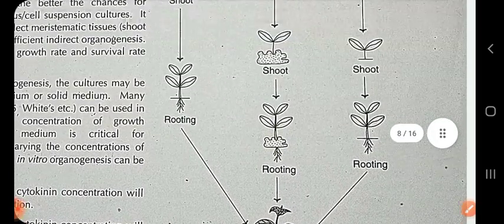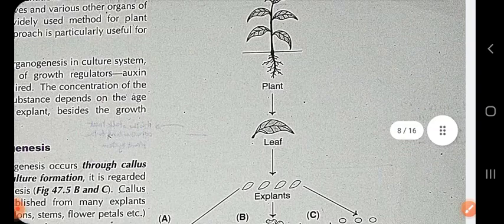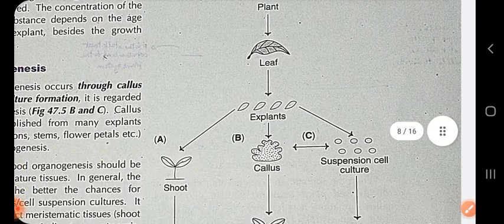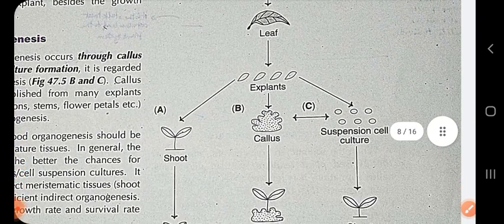So this is indirect organogenesis. As you can see, it is the same procedure, but they have to go through a callus stage. Now if the callus is friable, if it can be easily broken down into pieces, it is subjected to suspension culture, where the small friable callus is grown in liquid culture medium without using any agar.